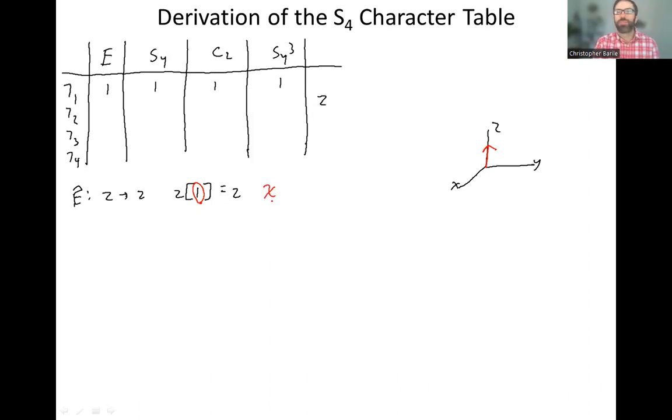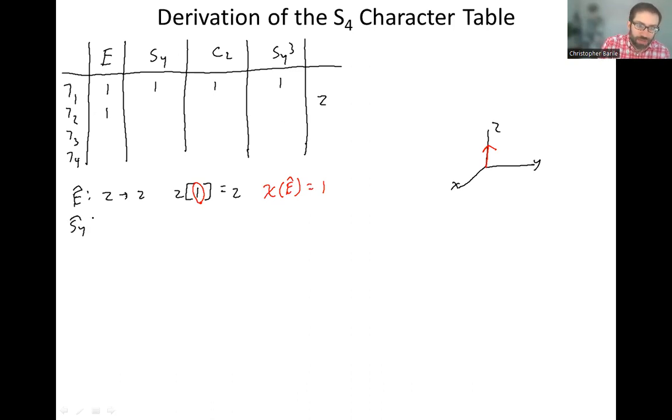We use the Greek letter chi, and we say the character or chi of E is just equal to 1. And so right here under gamma 2, we have a value of 1. We're hoping that when we go through this, we don't get positive ones across the board again, such that we can derive a new irreducible representation.